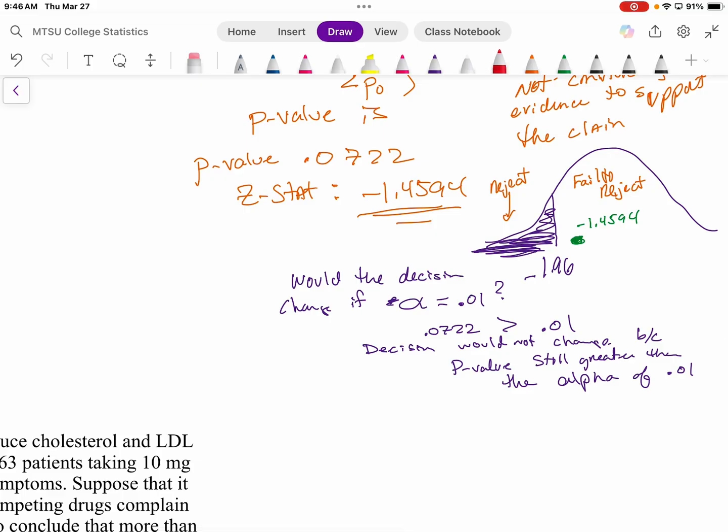Extra follow-up question. What about a 0.1 alpha? What if we did a 0.1 alpha, which would be a 10% alpha?